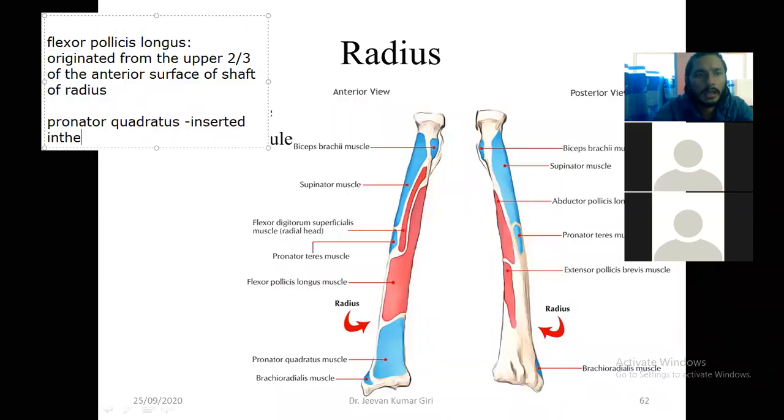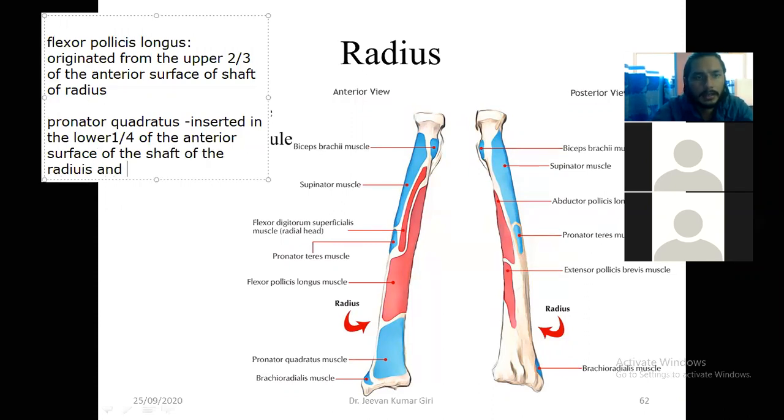Inserted in the lower 1/4, or anything you can write lower 1/4, okay, of the anterior surface of the shaft of the radius and to the triangular area above the ulnar notch of the radius.